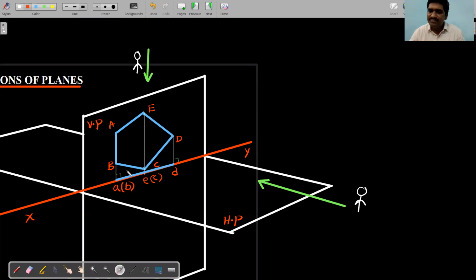Next, AE is visible, but BC is invisible. To see BC, AE comes in the way. Therefore, finally, among these 5 sides, AE is visible, ED is visible, DC is invisible, BC is invisible.